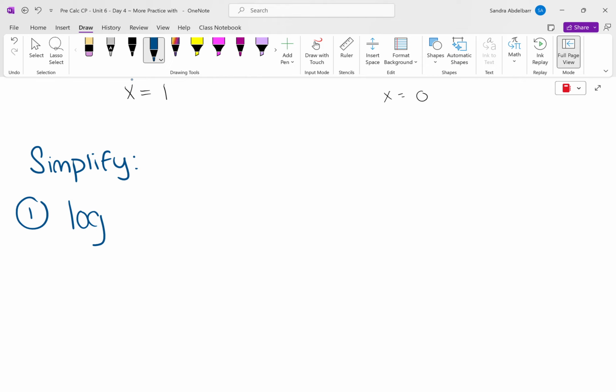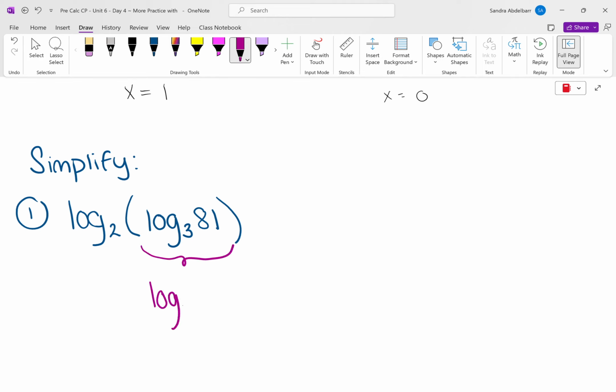So let's say I have log base 2 of log base 3 of 81. We can figure this out, that parenthesis, like simplified, but you know what I'm going to do? I'm going to change it into shortcuts. How do I change this into a shortcut?